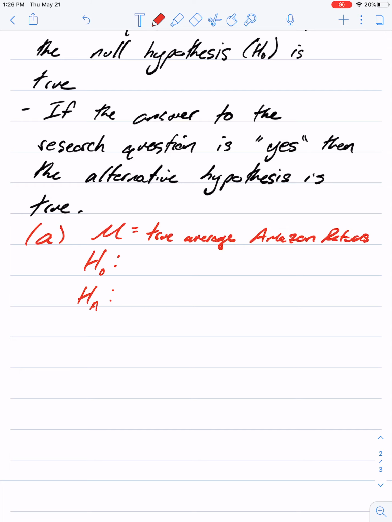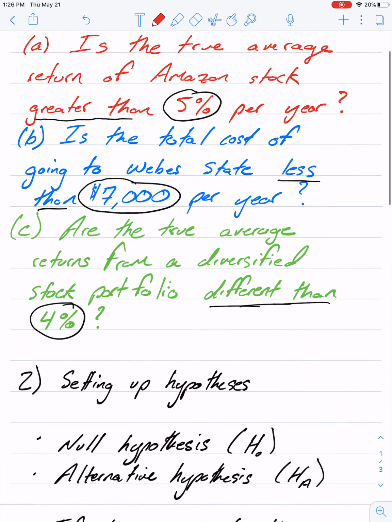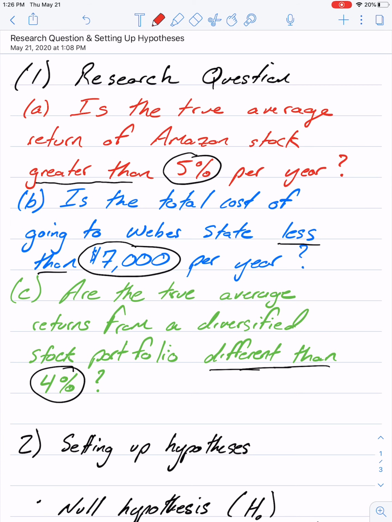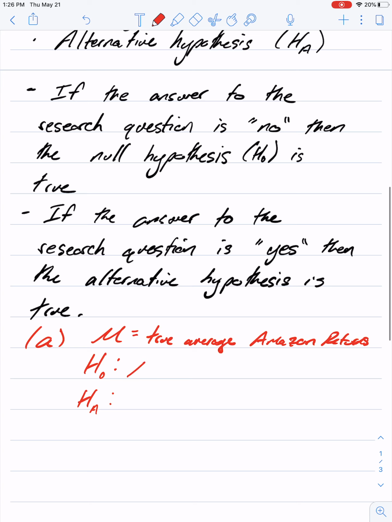Now the null hypothesis will be true if the answer to this question is no. So how could that be no? Well, if mu, which we just defined, the true average returns, is less than or equal to 5%, which also could be written 0.05, because that's just another way of writing 5%, then the answer to that question is no. And what did we say right here? If the answer to the research question is no, then the null hypothesis is true.